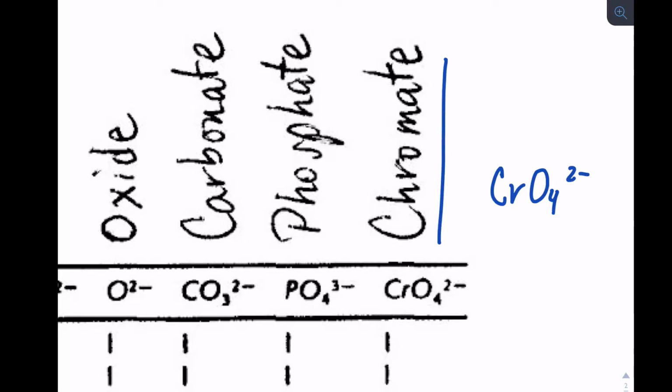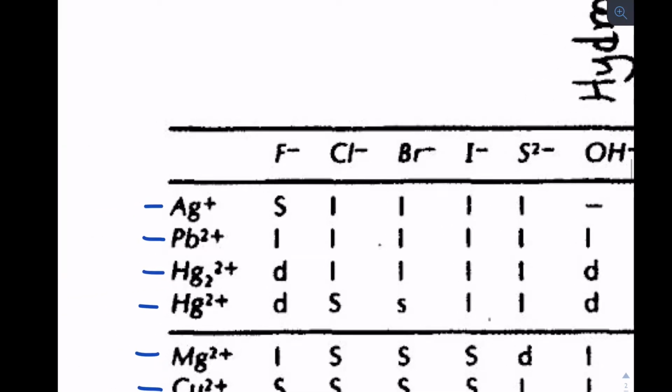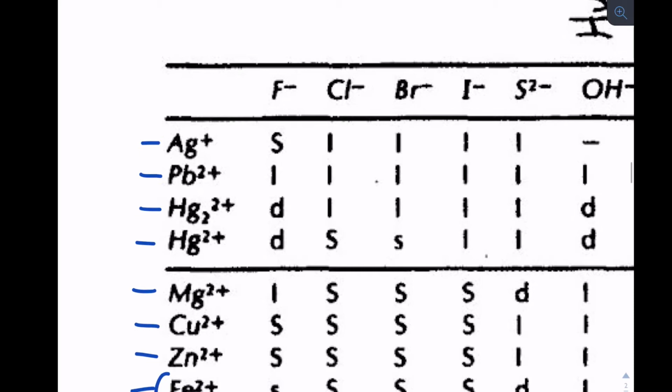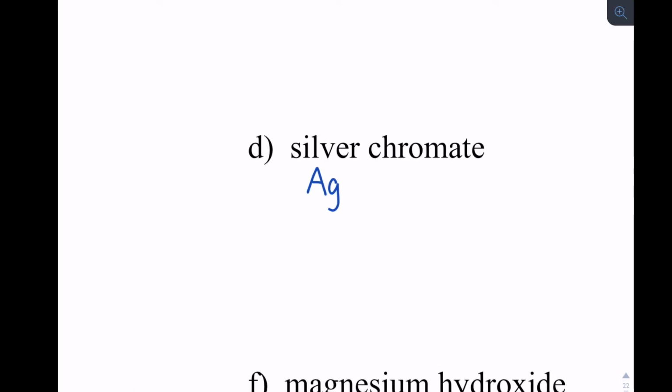That is our polyatomic ion. And we need the charge of silver, which we can find on the left-hand side of the column because it's a transition metal. From the periodic table, we learned that silver has a plus charge. And chromate is CrO4, and that has a 2- charge.